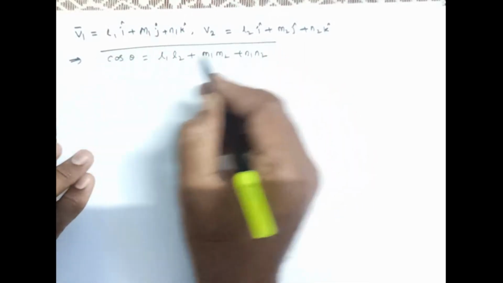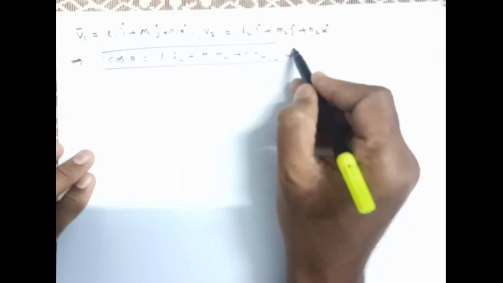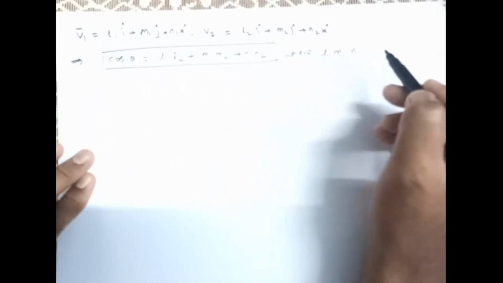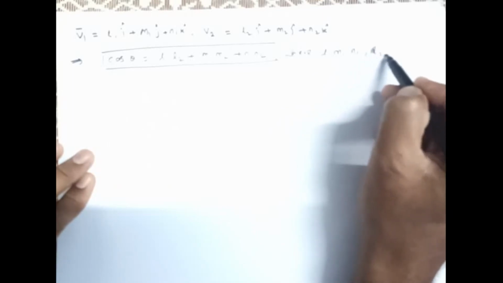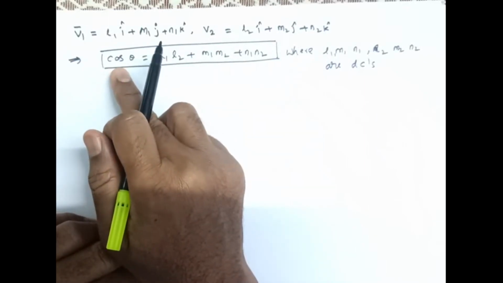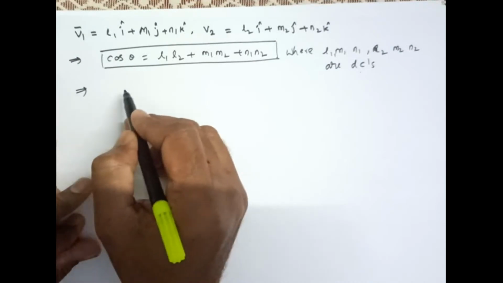So this is the condition for the angle between these two vectors, where L1, M1, N1 and L2, M2, N2 are direction cosines. Direction cosines are denoted by DCs. When they are the DCs, then the angle between them we can denote by cos theta.